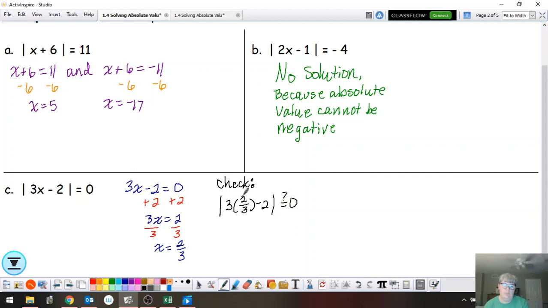So 3 times 2 is 6, divide by 3 is 2. So is the absolute value of 2 subtract 2 going to equal 0? 2 subtract 2 is 0. So is the absolute value of 0 going to equal 0? Well, 0 is 0 units away from 0, and that does equal 0. That's true. So our solution is 2/3.